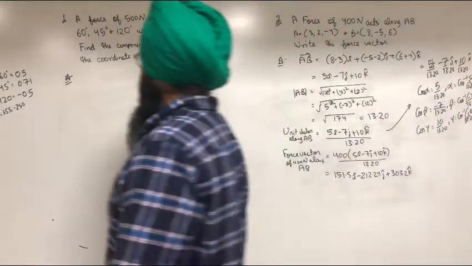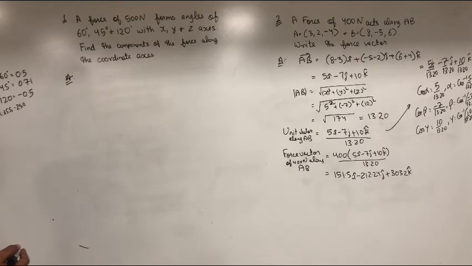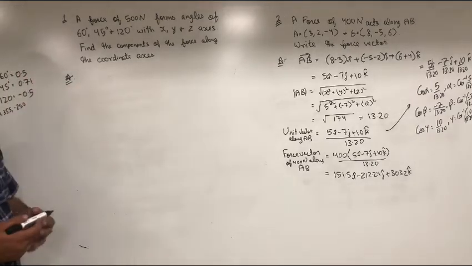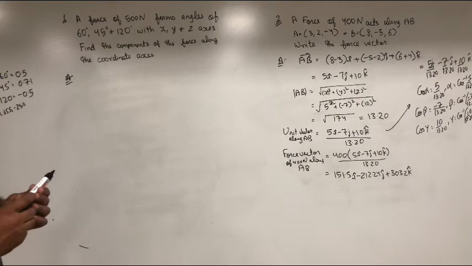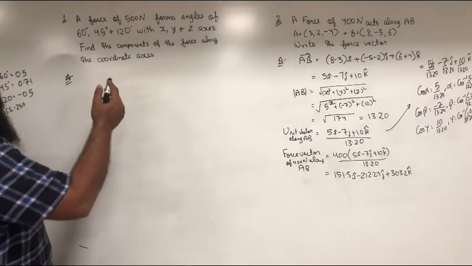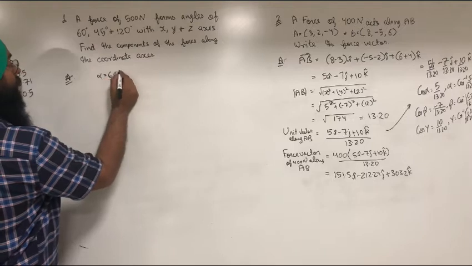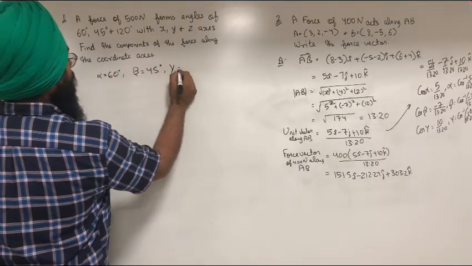Here a similar problem is given. A force of 500 Newton forms angles of 60 degree, 45 degree and 120 degree with the x, y and z axis. Find the components of the force along the coordinate axis. So here the angles are already given. So we know alpha is equal to 60 degree, beta is equal to 45 degree and gamma is equal to 120 degree.